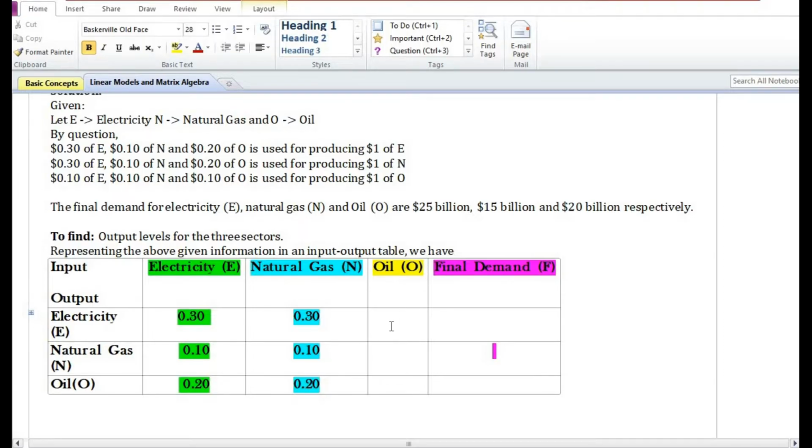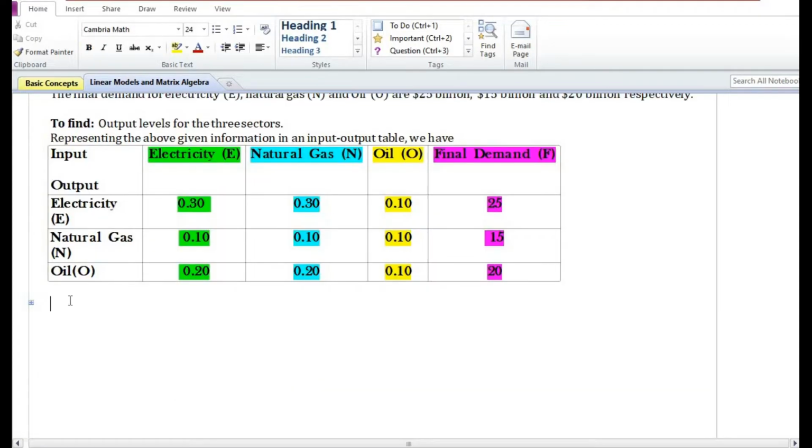In the production of oil, $0.10 of electricity is used, $0.10 of natural gas is used and $0.10 of oil is used. The final demand for the three sectors are $25 billion for electricity, $15 billion for natural gas and $20 billion for oil. Now let us rewrite the above input-output table in an equation form.